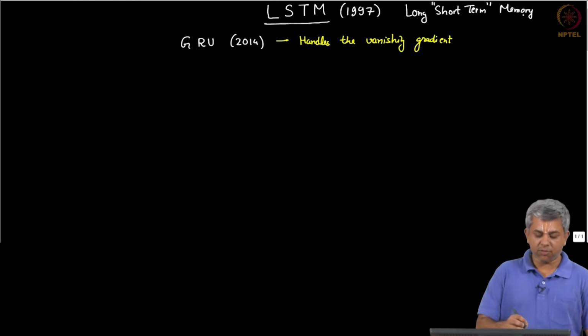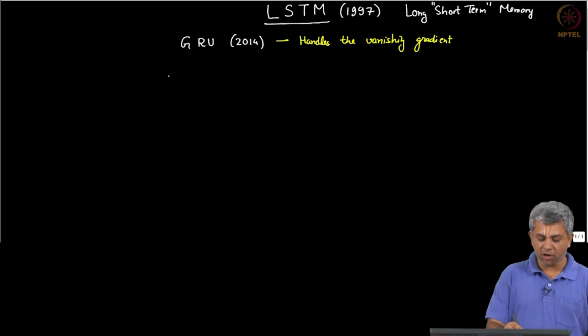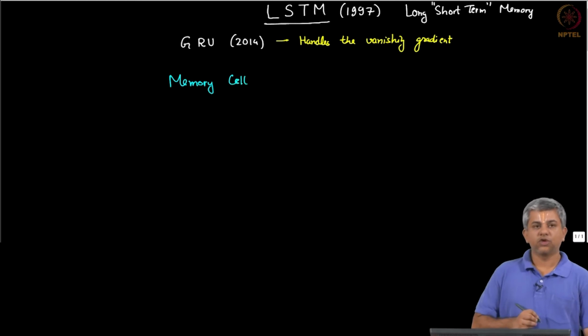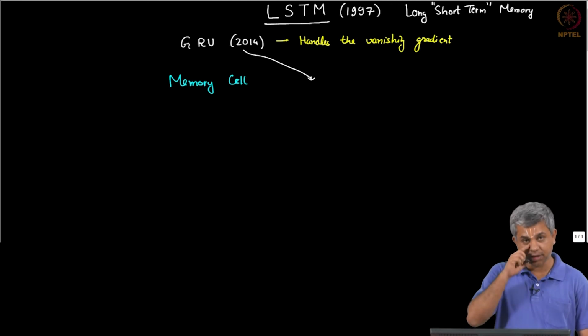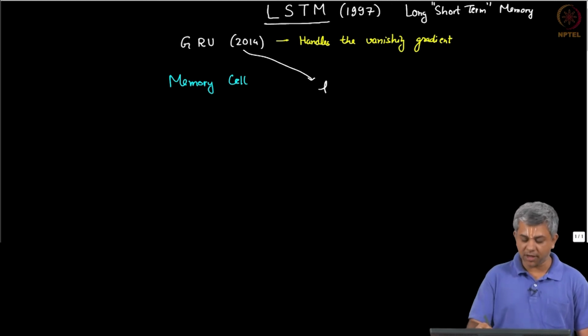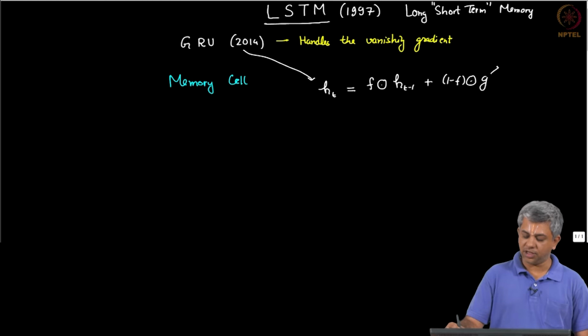and LSTM was the first architecture to use the idea of a separate memory cell. Okay. So, when we were dealing with GRU or the simplified GRU, we had something like HT is f times HT minus 1 plus let us say 1 minus f times G, where G was the output of the vanilla RNN.